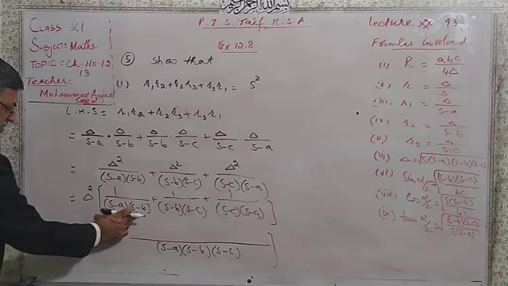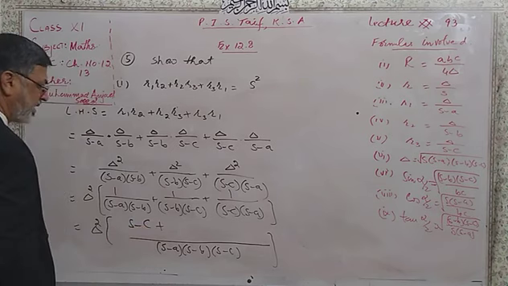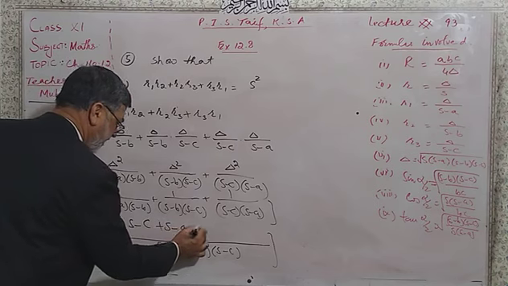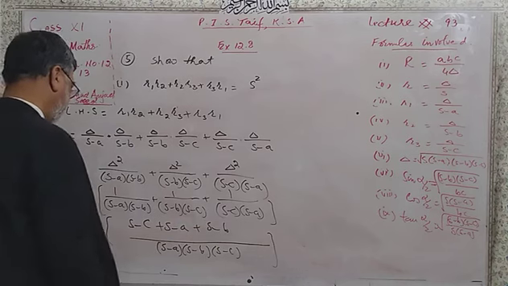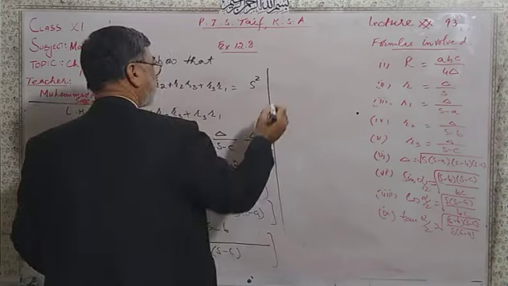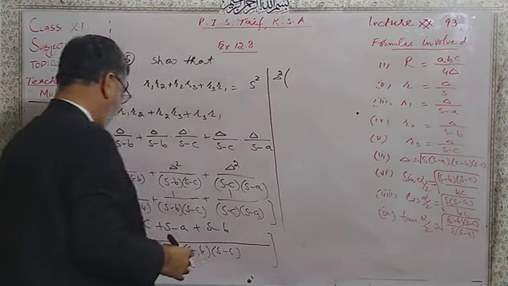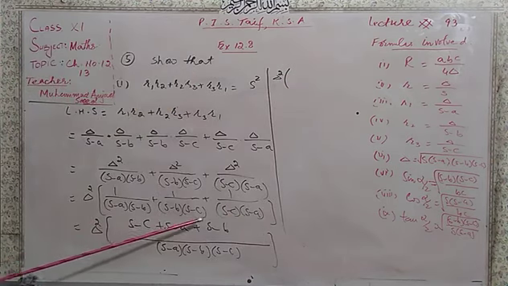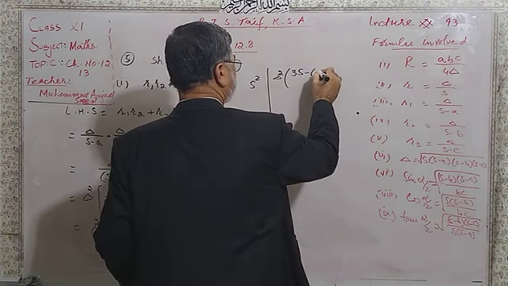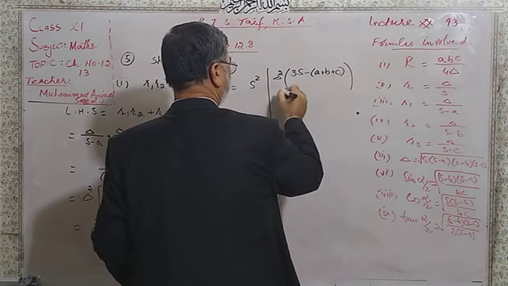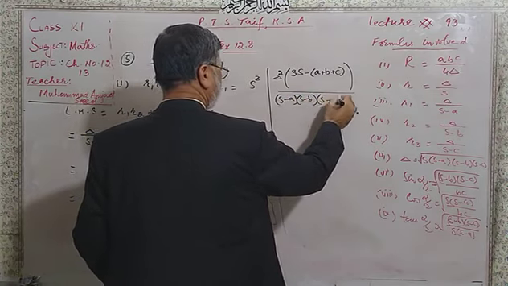Dividing this LCM by this term, S minus A, S minus B cancelled out and we are left with S minus C. Similarly here, S minus A, then S minus B. After that, we have delta square into 1, 2, 3, 3S minus the common A plus B plus C, divided by S minus A, S minus B, S minus C.